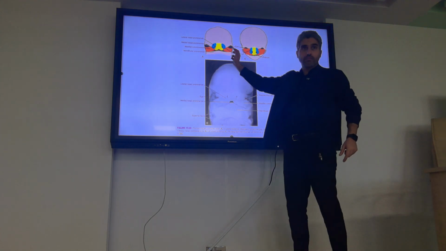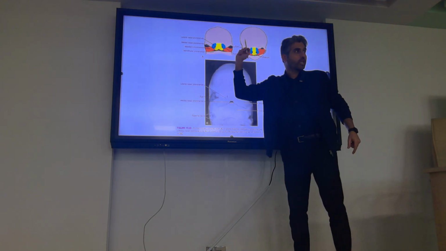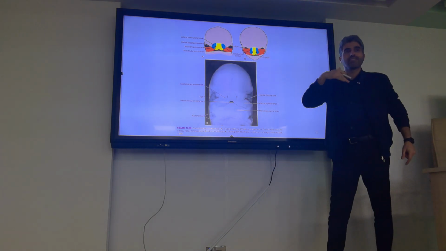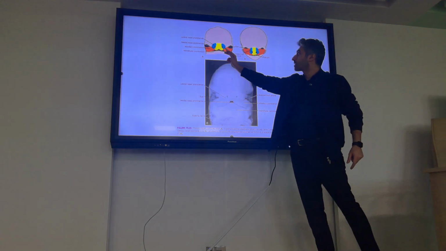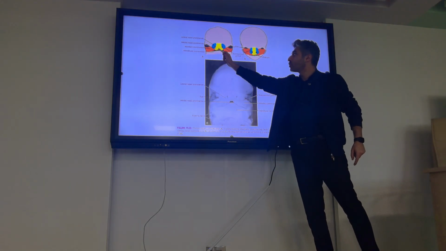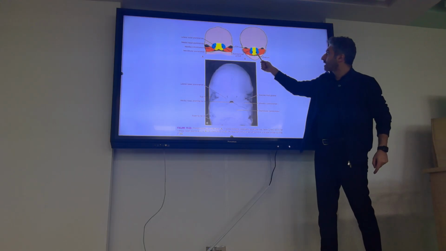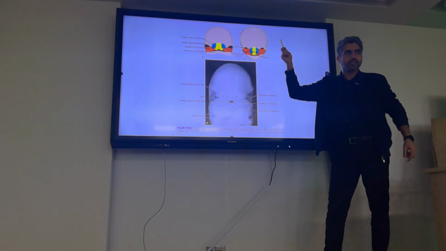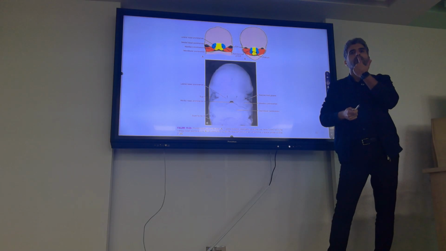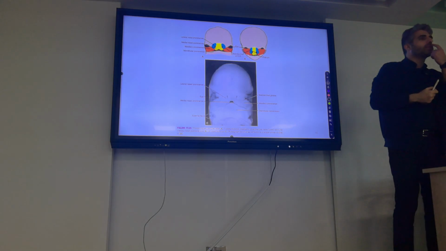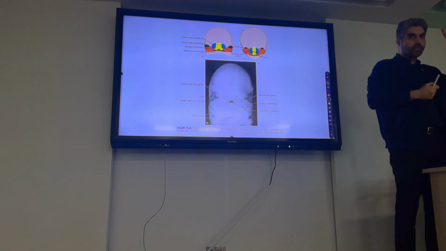So look at here, the upper jaw and upper lip are made by two maxillary prominences and two medial nasal prominences. They attach together, and you can see this segment here. This segment, the yellow color, we call the intermaxillary segment because it's between the two maxillary prominences. The intermaxillary segment makes three parts.